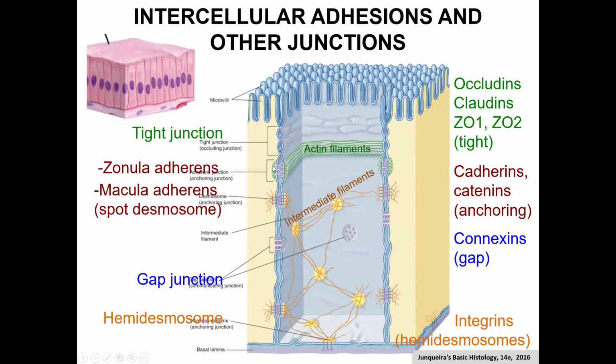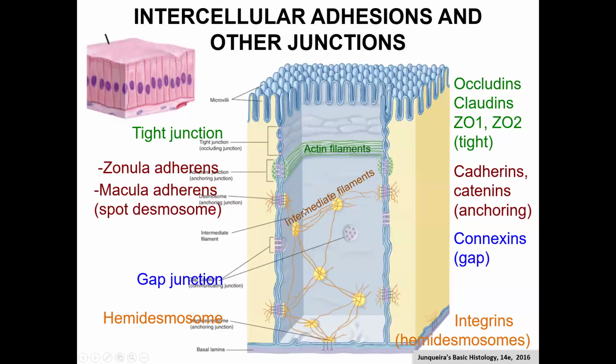that attach the cells strongly to each other, but there is still space in between the cells. There are also the spot desmosomes or macula adherens that form in spots. They are present here and there along the membrane of the epithelial cell.